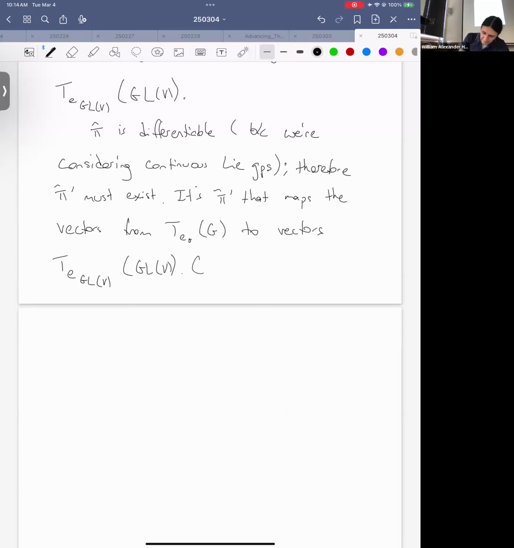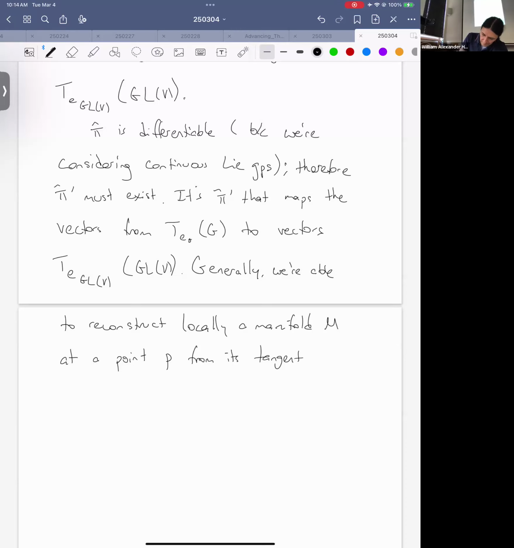And generally, fully generally, we're able to reconstruct locally a manifold M at a point P from its tangent space at the point P. Just a second.